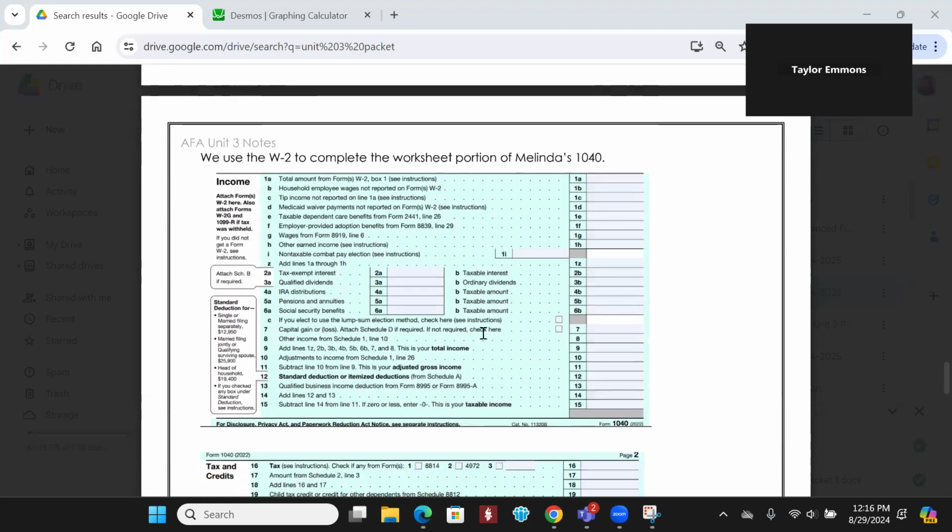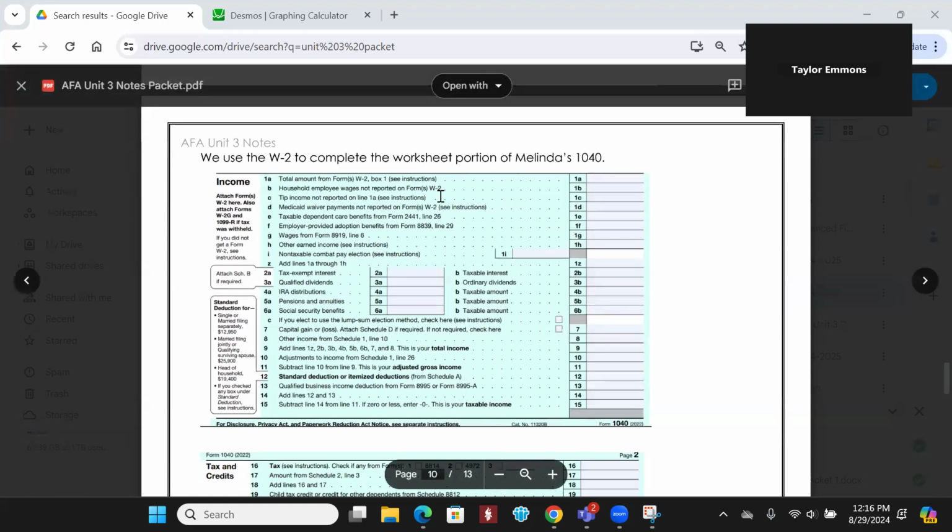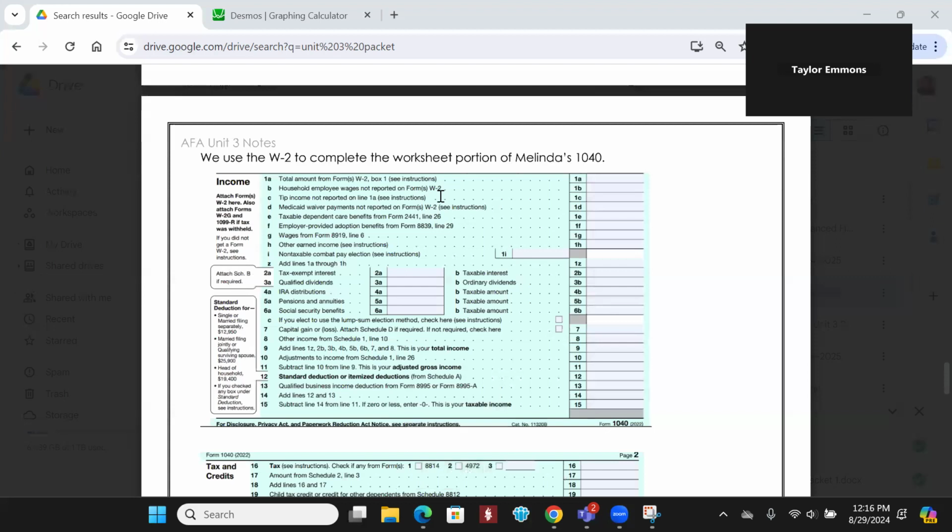All right, so we're going to use our W-2 to complete the worksheet portion of Melinda's 1040. You fill out a 1040, lots of numbers with the IRS, when you do your taxes. You're going to fill in this information. The first thing we want to do is fill in the 1A portion. The total amount from the W-2, see box 1, the instruction.